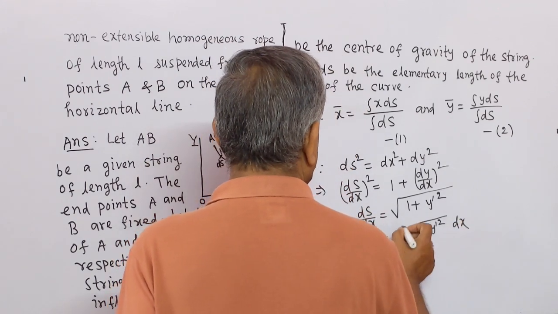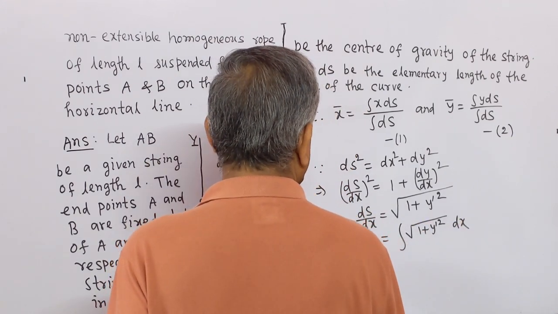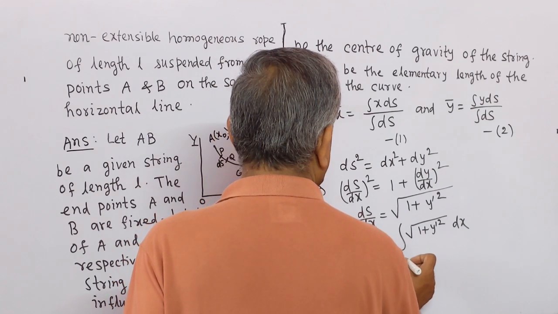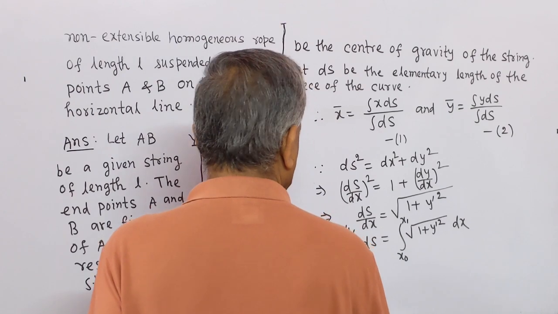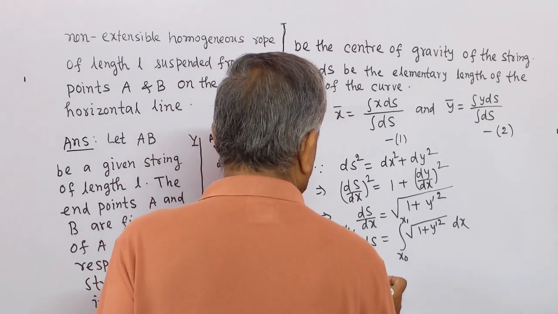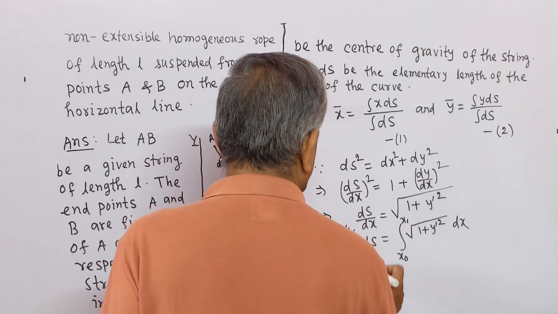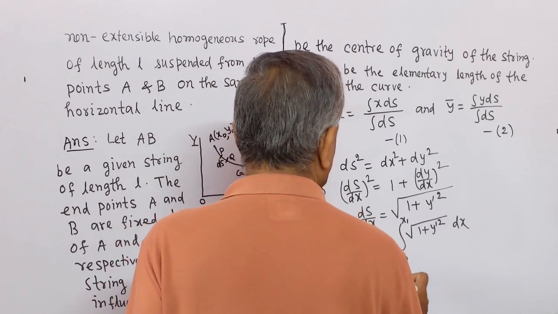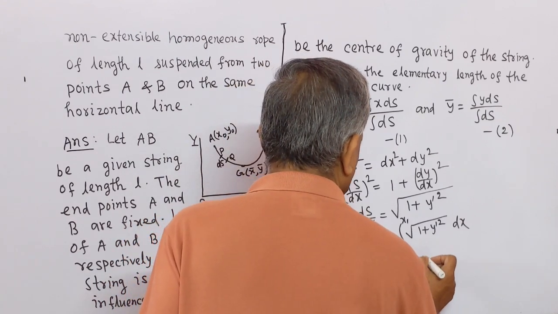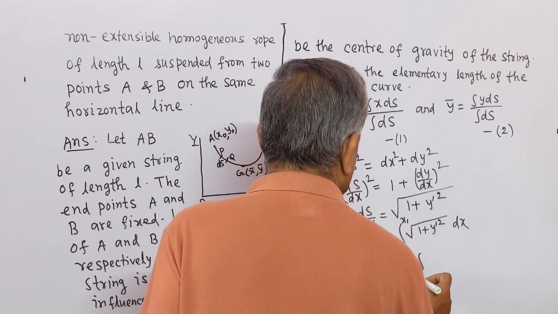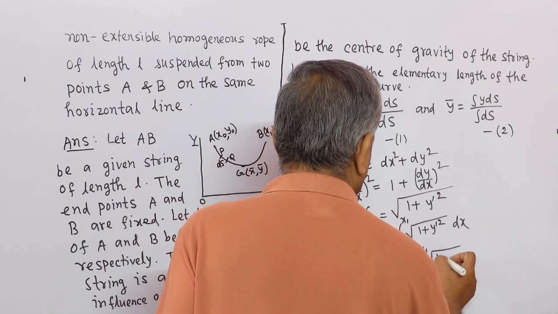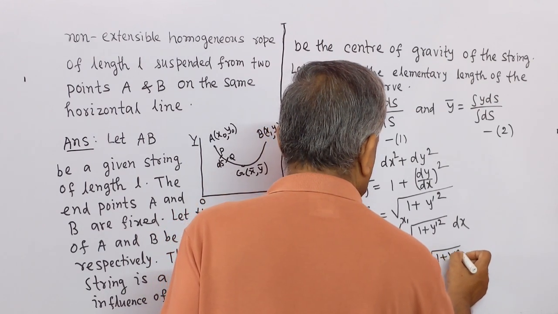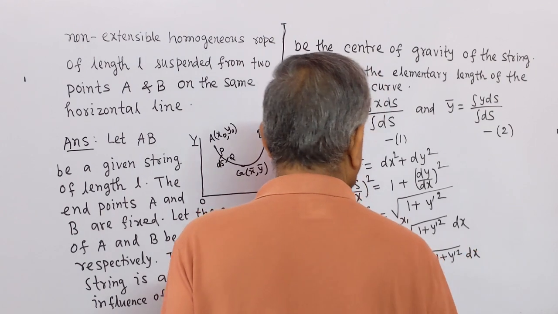Taking integration both sides, limit x naught to x1, implies that s equal to integration limit x naught to x1 square root 1 plus y prime square dx.